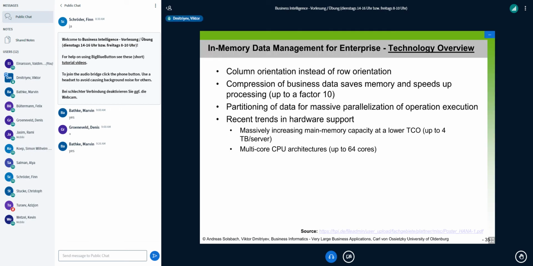And there is why it was possible. Basically two reasons: the cheaper hardware, like RAM, CPU, and multi-core CPUs. Why are the two reasons important?